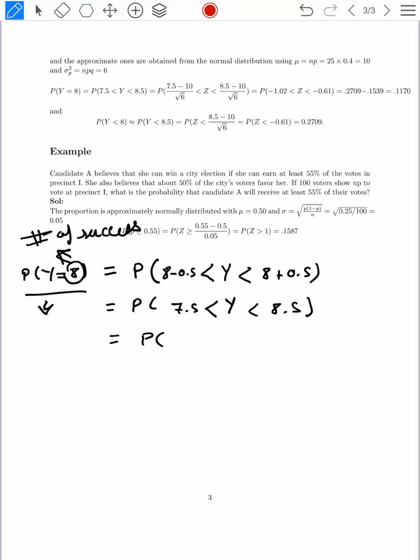So you have to use the corresponding z-score. What's the corresponding z-score? It's going to be 7.5 minus np, or n pi. Pi is what they gave you in the population. They gave you that pi, or p, is equal to 0.4 and n is equal to 25.